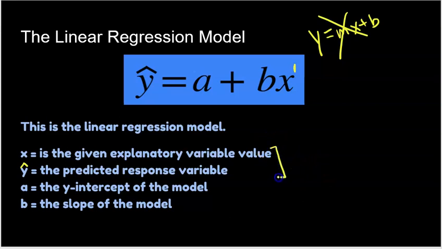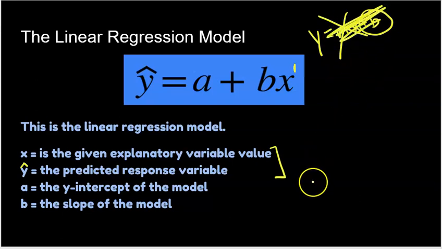Now, those are the two variables, right? Every linear regression model in this world is going to have an x and a y hat. I promise you. Every linear regression model will have an explanatory variable and a predicted response variable from the linear regression model. But the other variables end up being actual numbers. In a specific problem, these will be numbers. And that is a, the y-intercept, which I know is a little bit confusing because if you remember, we used to call b the y-intercept, but that was back in algebra.